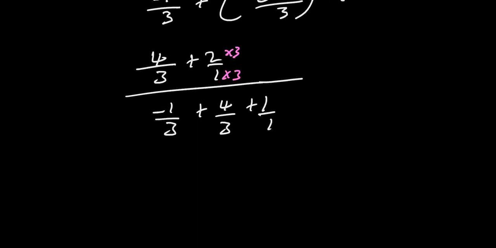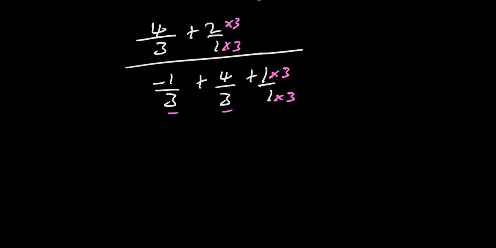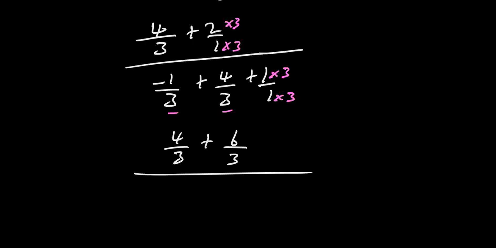Once that happens, this will become 4 over 3 plus 3 times 2 is 6, 6 over 3, over negative 1 over 3 plus 4 over 3, plus 3 times 1, 3 over 3.